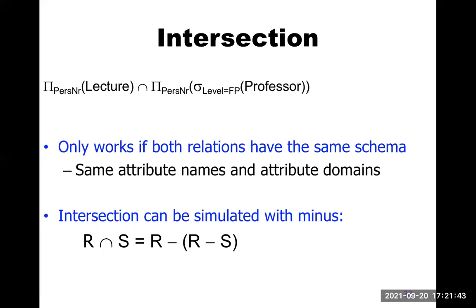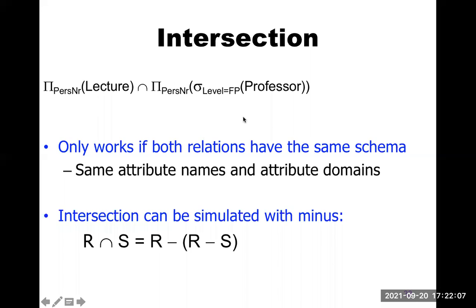So let's say I want to find a list of professors from lectures, this part, and go to the table of professors, select only full professors, and have just a column of professor number. And let's find the intersection.